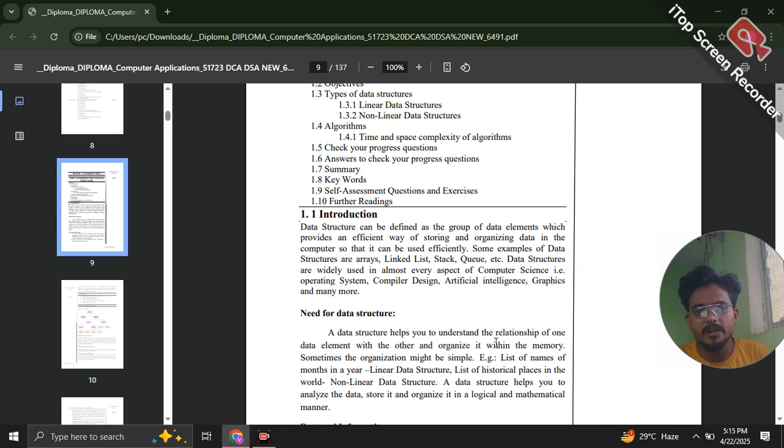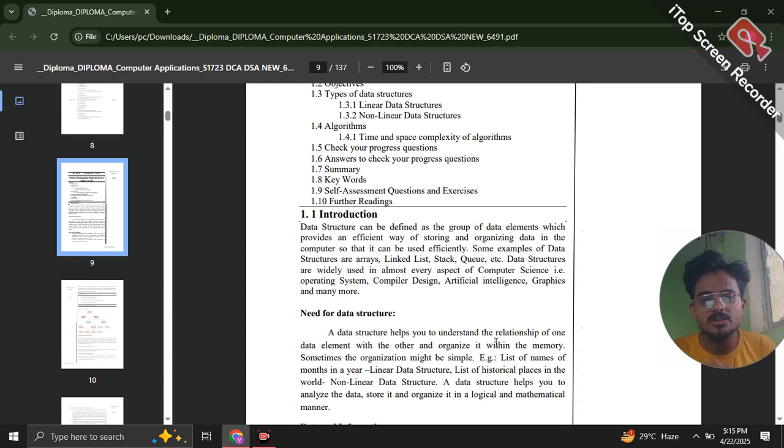So need for data structure. Why do we need data structure? A data structure helps you to understand the relationships of one data element with the other. Means you just have to study the relations of one data element with the other and organize it within the memory.